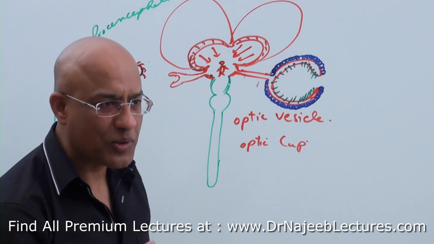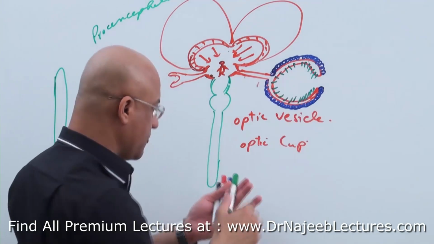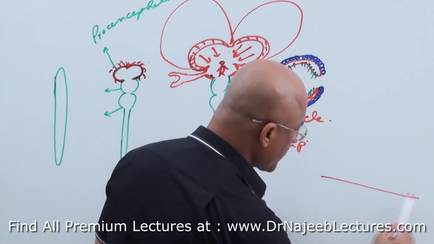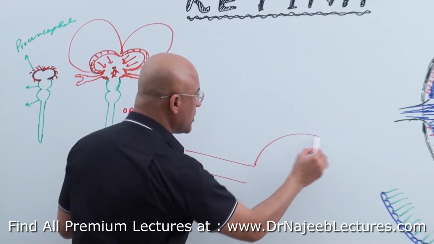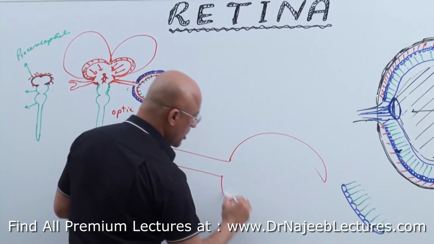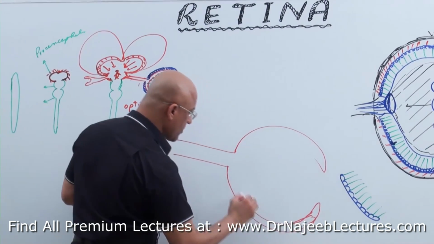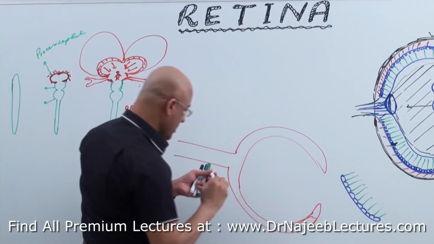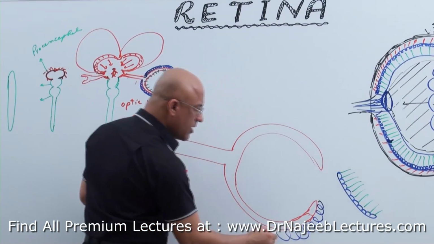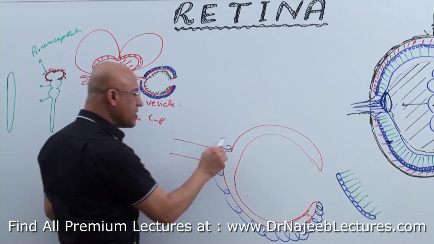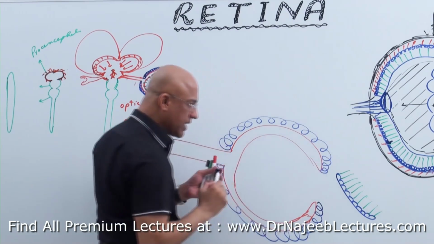Now, in this neuronal layer, I will draw it bigger. This is the optic stalk, and here was your optic cup. Now you tell me, this outer layer was which? Pigment epithelium, right?